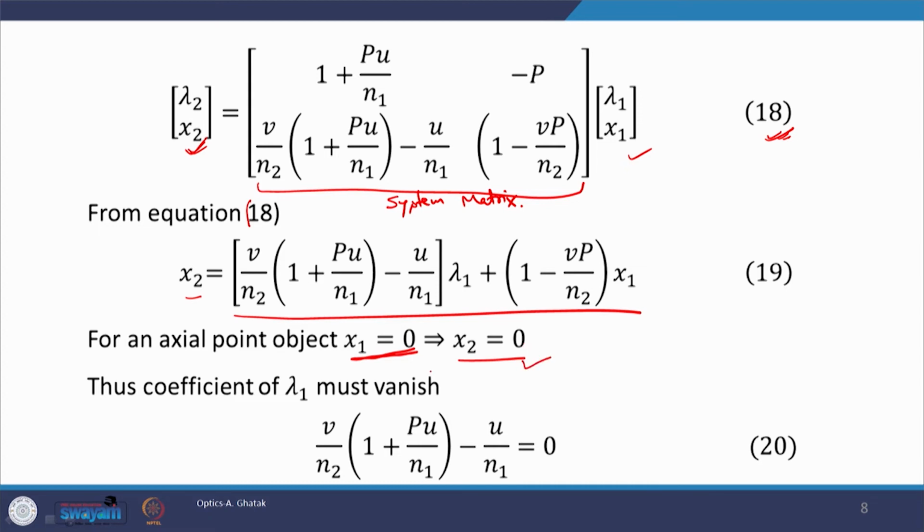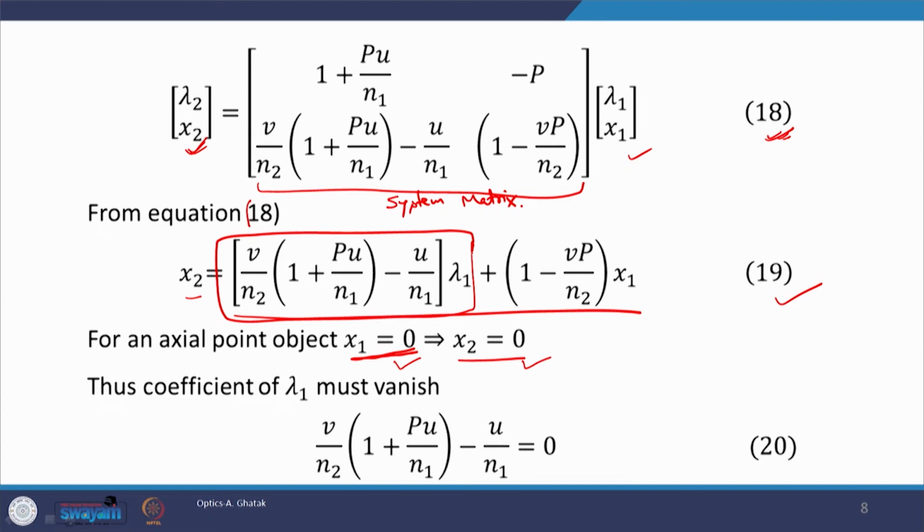Now, once x1 and x2 are 0, which is for an axial point object and point image, then from equation 19 we will get that the first term on the right hand side should be equal to 0, but lambda 1 cannot be equal to 0.